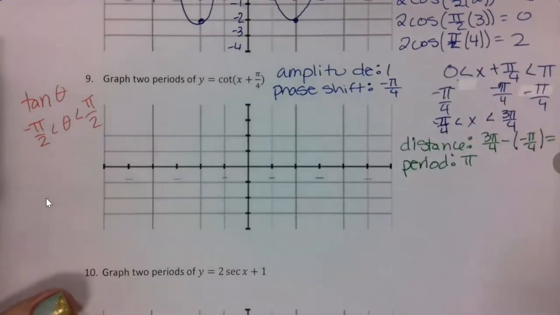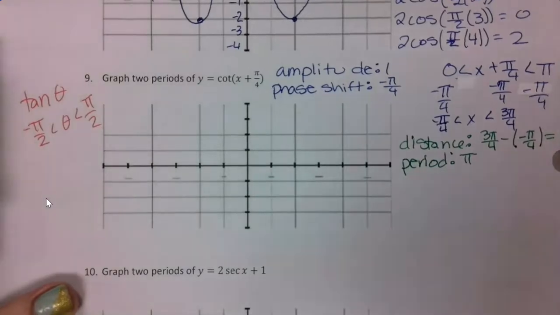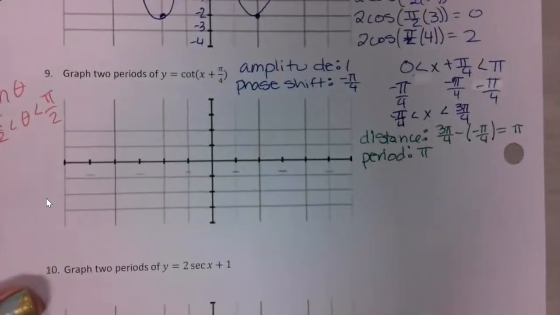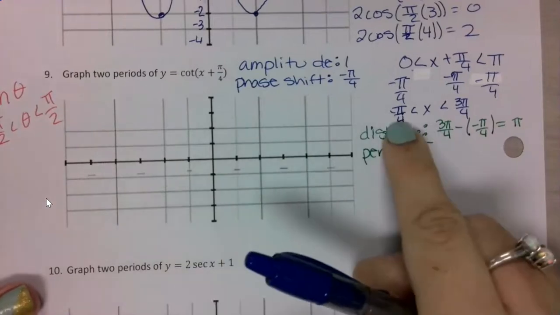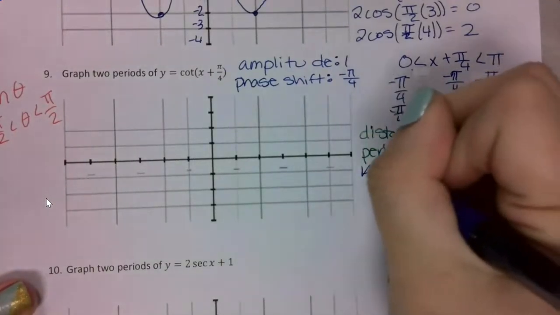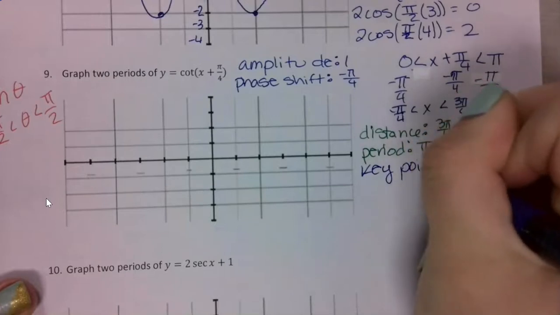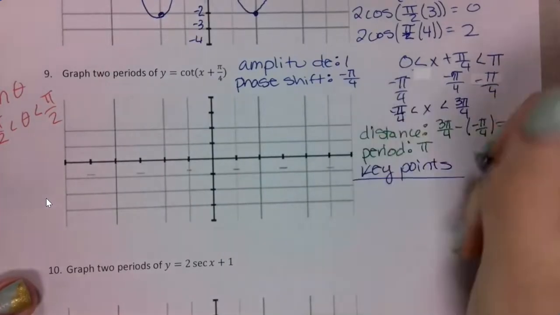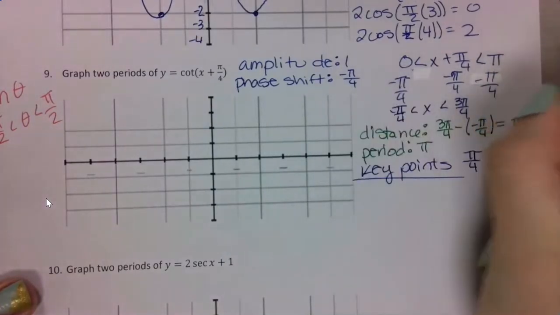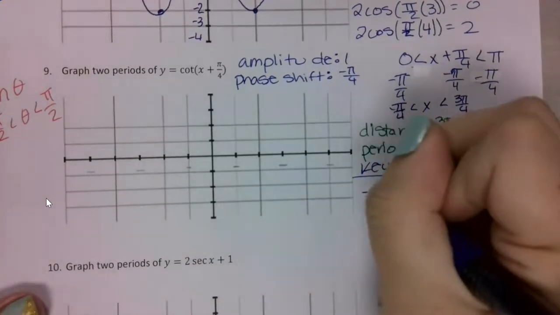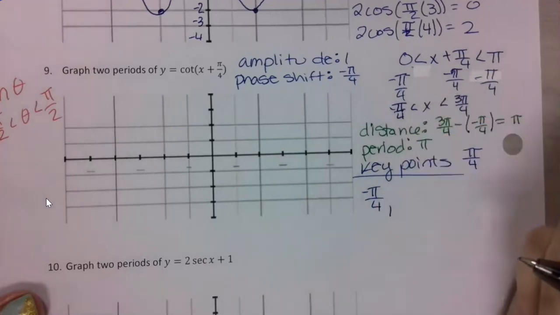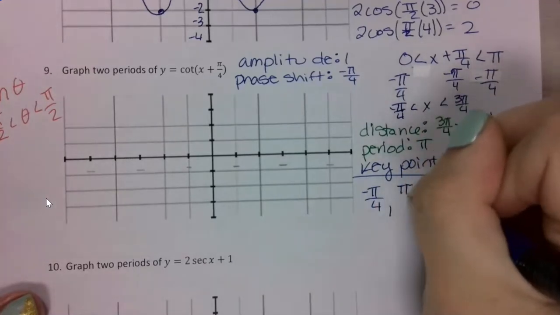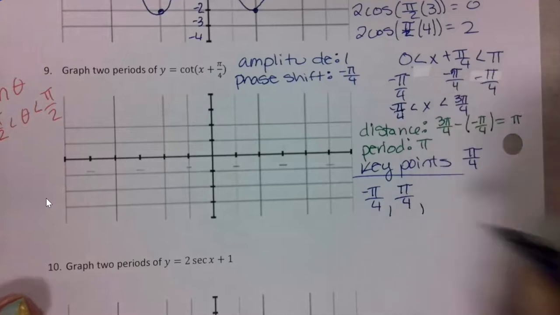My key points will start, didn't say that very well, my key points will start at the beginning of the interval, which is -π/4. And again, like normal, my key points divide by 4. So I'm counting by π/4 and starting at -π/4. -π/4 plus π/4 is 0. π/4 plus π/4 is π/2.